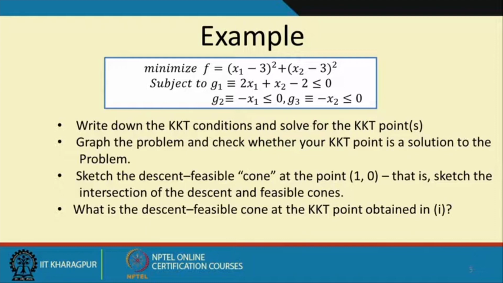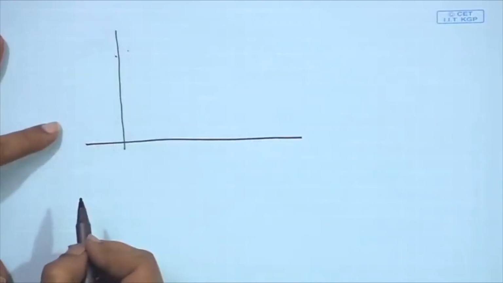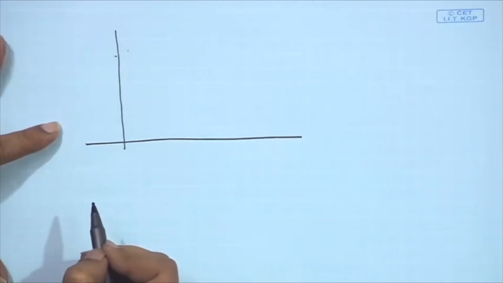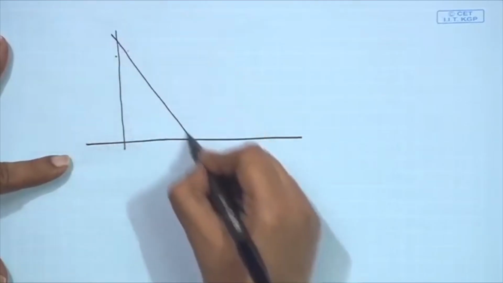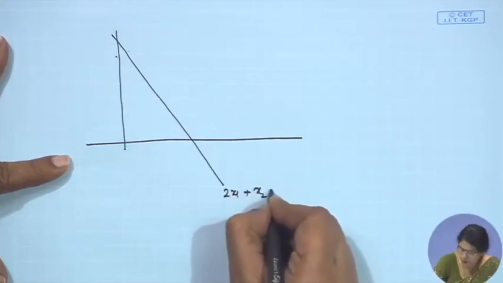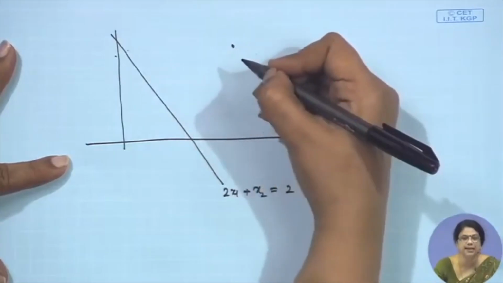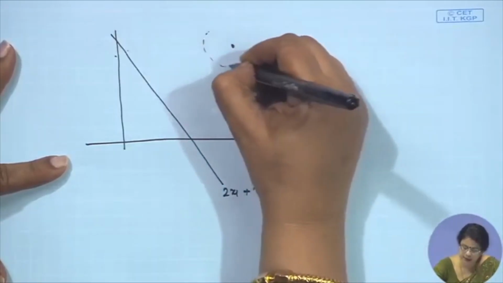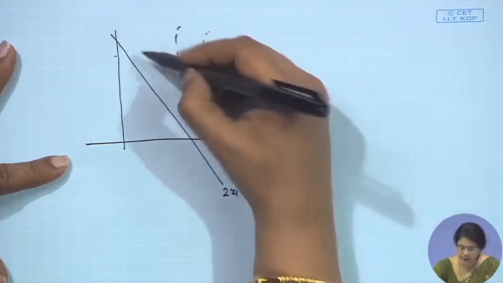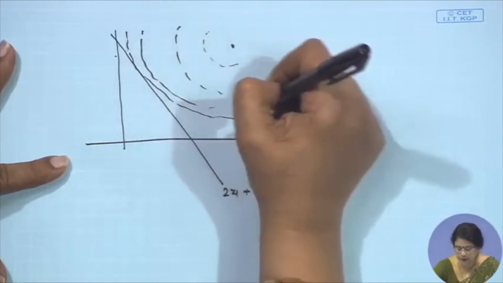Let us try to sketch what the solution would be for this problem. Our constraint is 2x1 plus x2 less than or equal to 2, so this is the constraint line 2x1 plus x2 equal to 2, and at (3, 3) we have the center of the circle, so these are the contours of different circles, and here would be the optimal solution.